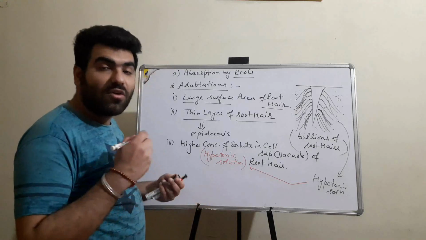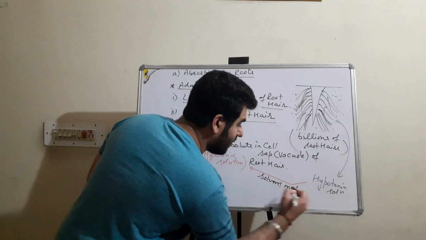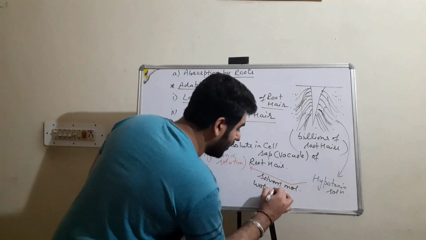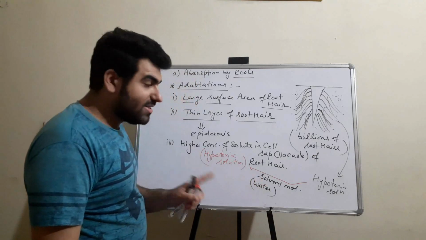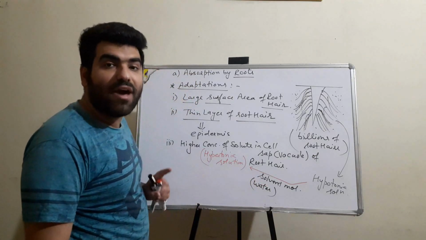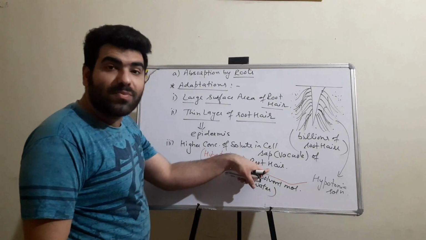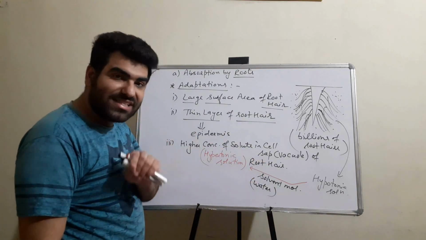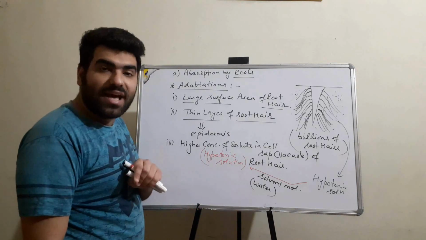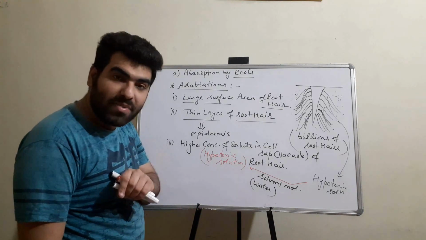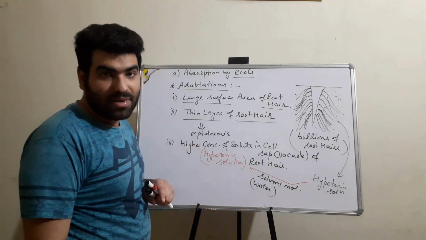The solvent molecules here are water. Now we have to check whether there is a semi-permeable membrane or not. Root hair is made up of a cell wall and a cell membrane. The cell membrane acts as a semi-permeable membrane, and the water will enter through the semi-permeable membrane.